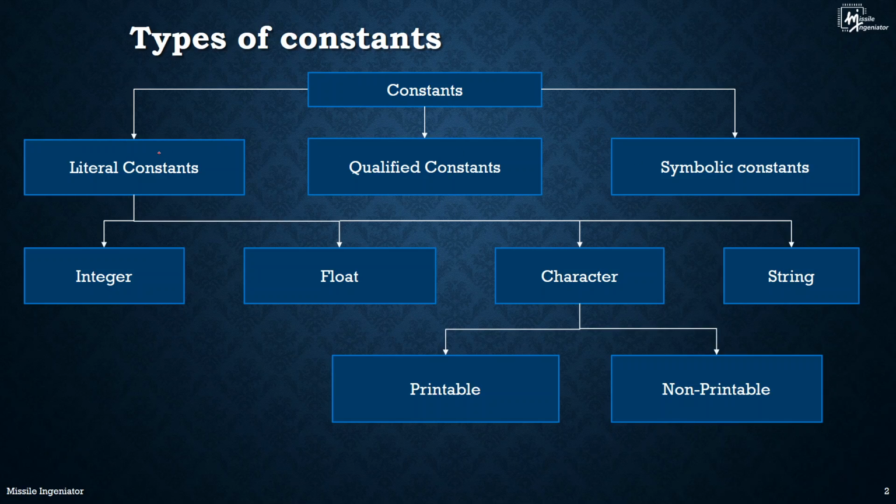The literal constants are again divided into four types: integer, float, character, and string. The character literal constants are subdivided into two types: one is printable and another is non-printable. I will explain each and every constant briefly in this video, so watch keenly.